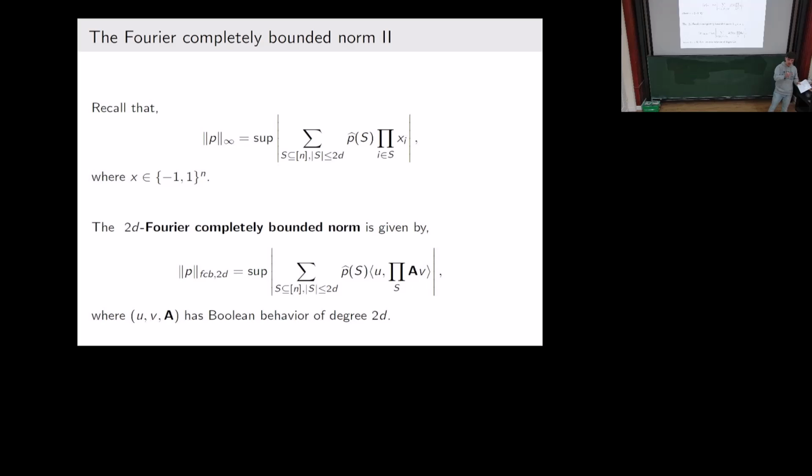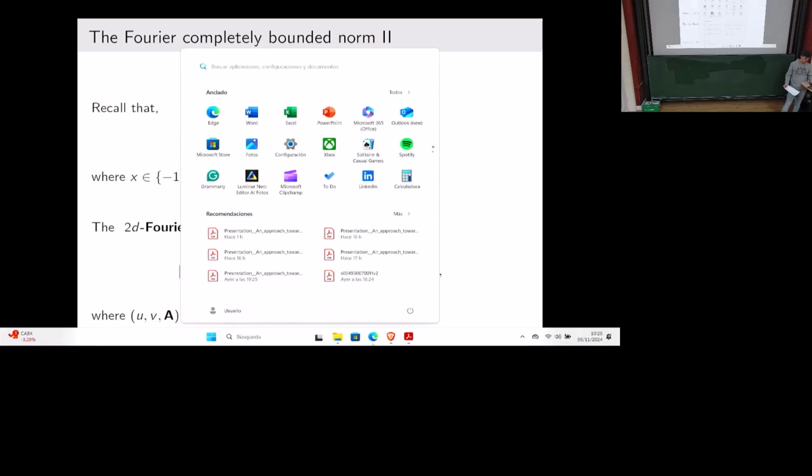In the general case, my problem is that I don't even know how to find relevant matrices that have this behavior. But in a particular case, which I would argue is not that particular compared to the other cases where we know the Aaronson-Ambainis conjecture to hold, we can say something.